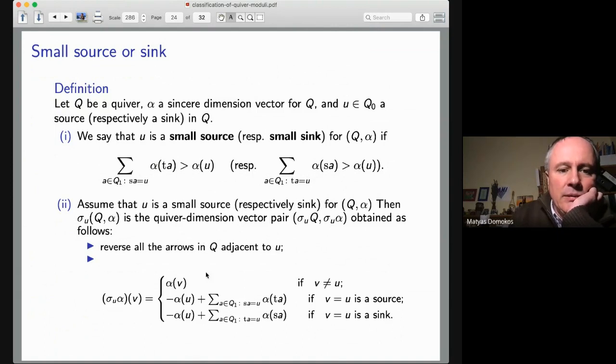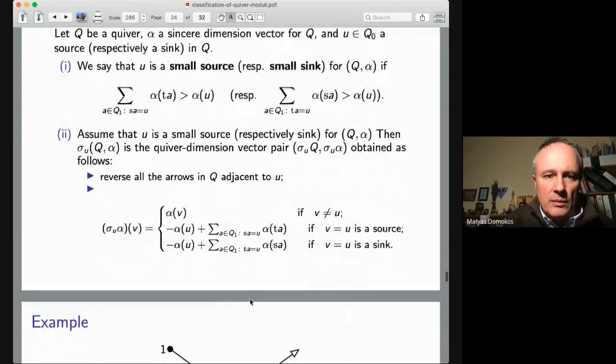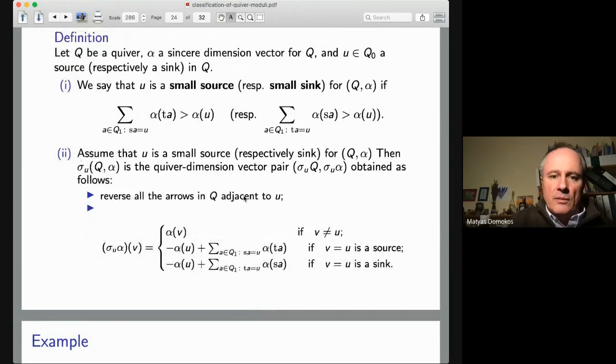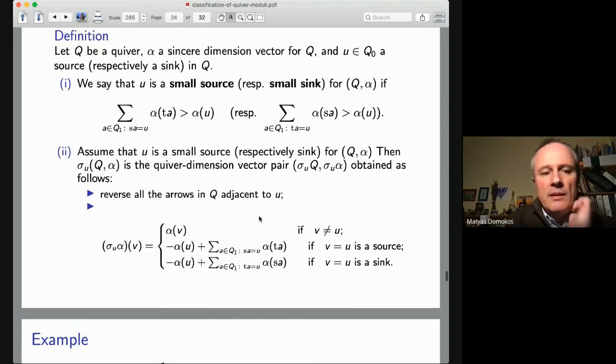So we subtract the alpha of U from the sum of the alphas at the vertices adjacent to U. So this is a so-called reflection transformation. This group mentioned before, which acts on the space of dimension vectors, is generated by exactly these transformations given here.